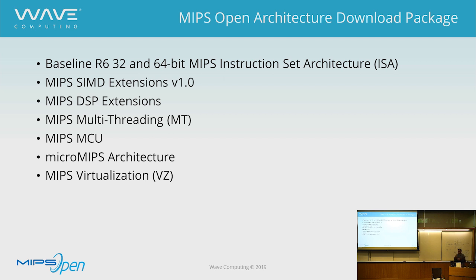Multi-threading is a very unique feature for MIPS. That was introduced way back, and we continue to maintain and enhance it. Majid is going to talk about the applications where multi-threading can be used, for example modems, LTE, 5G, and so on. And then we have the MIPS MCU, microMIPS for code compression, and virtualization.